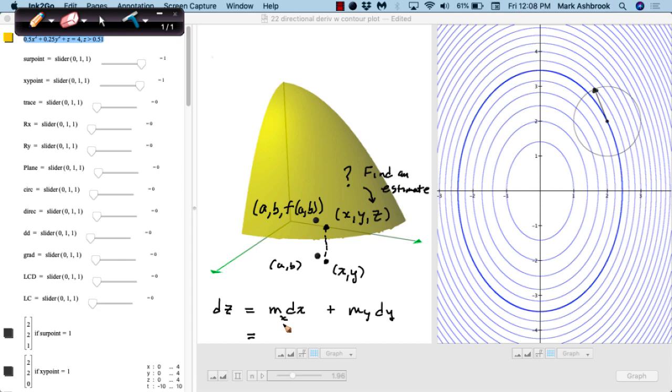What do we call that? The rate of change with respect to x. Starts with p. Partial derivative? Yeah, that's the partial derivative with respect to x, evaluated at (a, b). And then times the change in x, which would be x minus a.